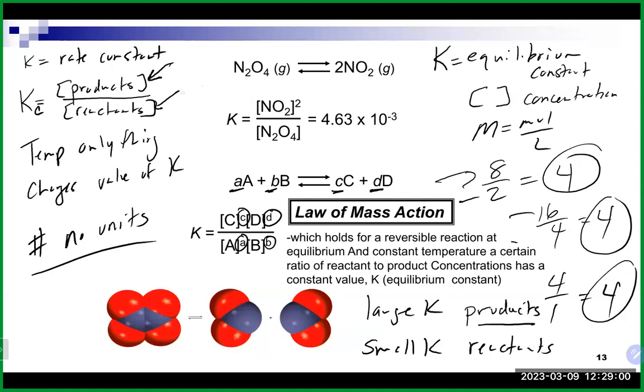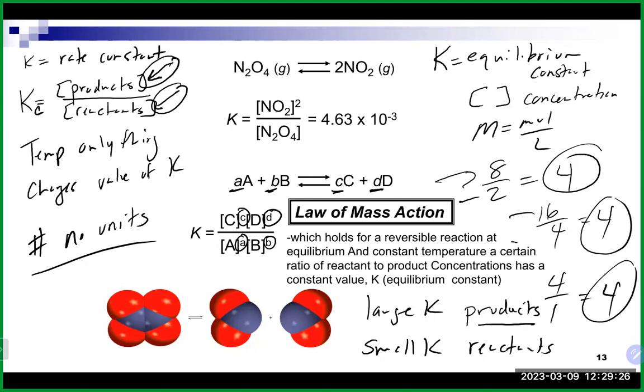Again, the opposite logic here: smaller number up on top, larger number on the bottom, will give us a smaller number. So the value that you see for K is really important because it gives you an idea as to what you would expect to be there when you reach equilibrium, mainly reactants or products. There are definitely different degrees of that, and we'll talk about them as we go through all the different K values.